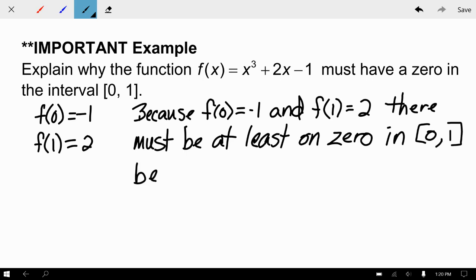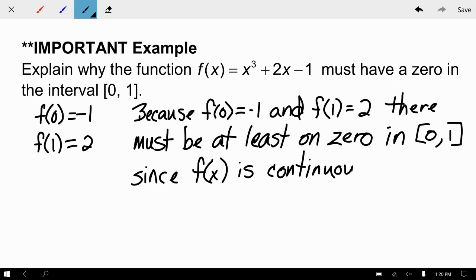Since f of x is continuous. And I'm going to say this function is actually continuous everywhere. I could say because f of x is continuous on the interval, but in this case, this function is continuous everywhere.